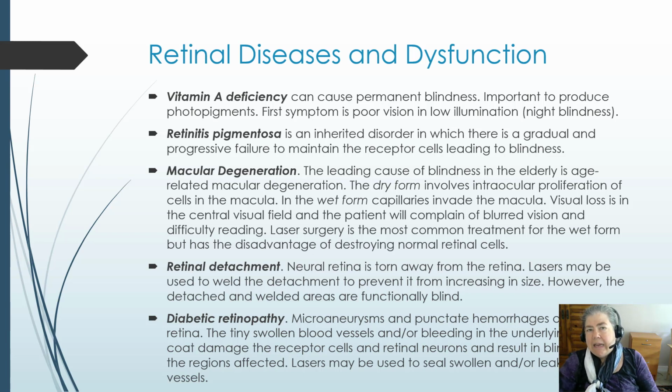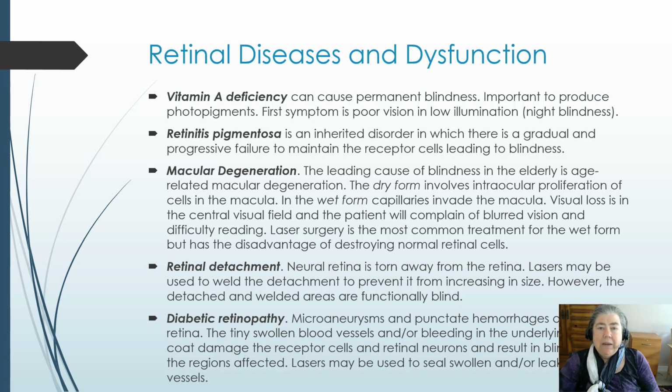The retina is adherent to the pigmented epithelium of the choroid, but sometimes it pulls away from the choroid. And if the neural cells pull away from the choroid, they're unable to get oxygen and they essentially die.